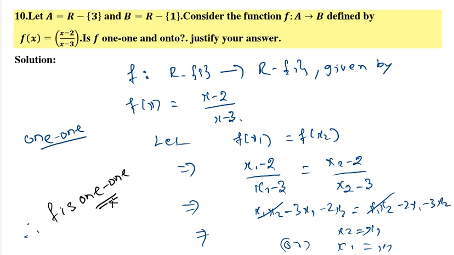Now we have to find the range. The range equal to the set of all real numbers except 1, meaning range will be equal to codomain. Then you can confirm the function is onto also. f of x equal to x minus 2 by x minus 3. Let y equal to x minus 2 by x minus 3. This is an explicit function of y in terms of x.